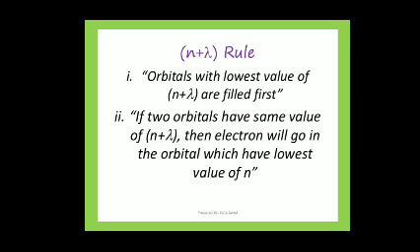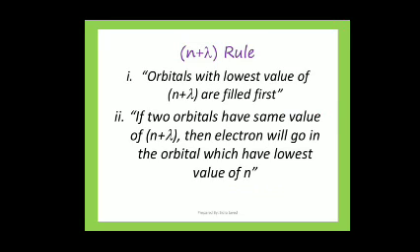Orbitals with the lowest value of n plus l are filled first. So if the n plus l value is lower, that is a lower energy orbital, and the electron first enters the lower energy orbital.